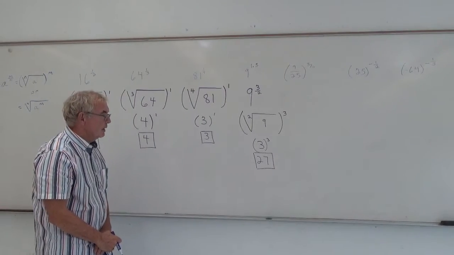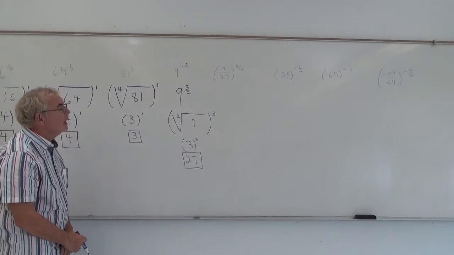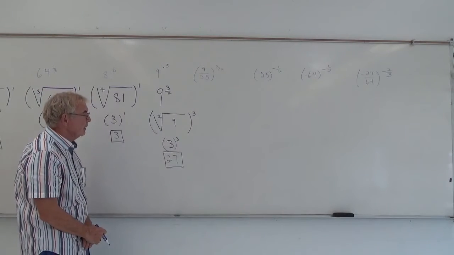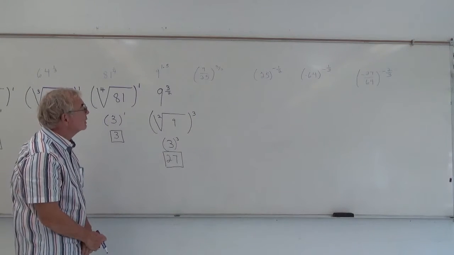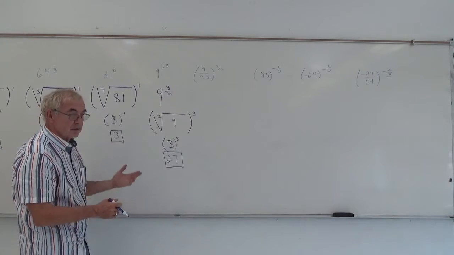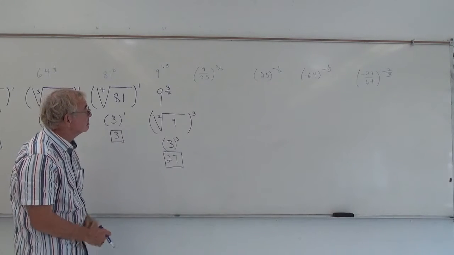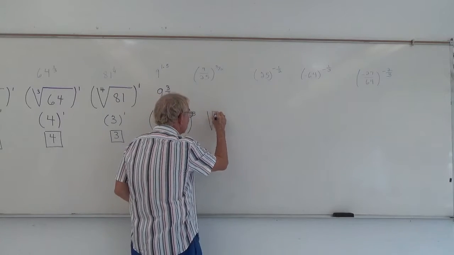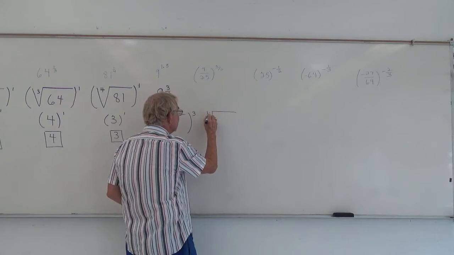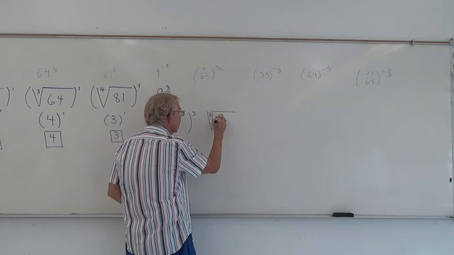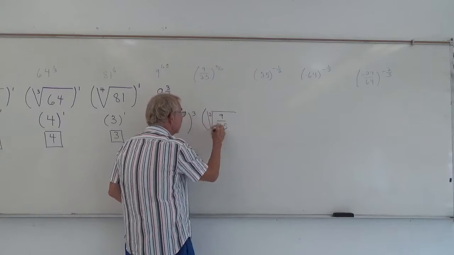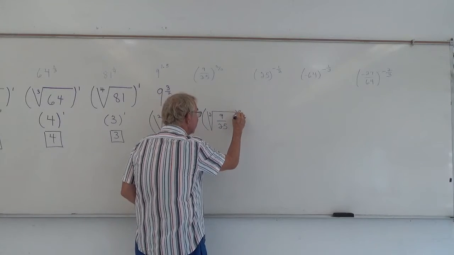All right, the next one is a fraction. 9 over 25 to the 3 halves. The lesson is on rational exponents. The fraction just has to be the base in this case. So what do we do? We write our radical. In the V, we put the 2, and we put 9 over 25, and we raise it to the third power.